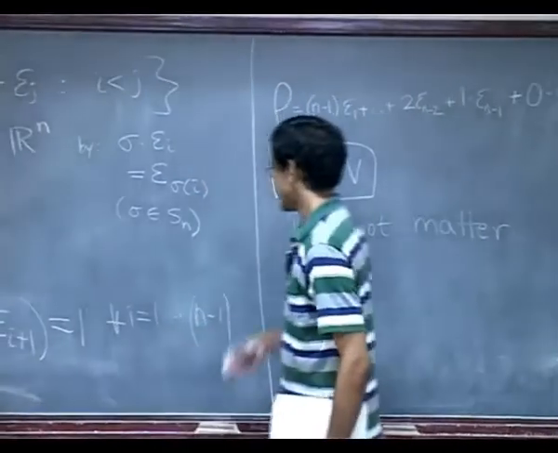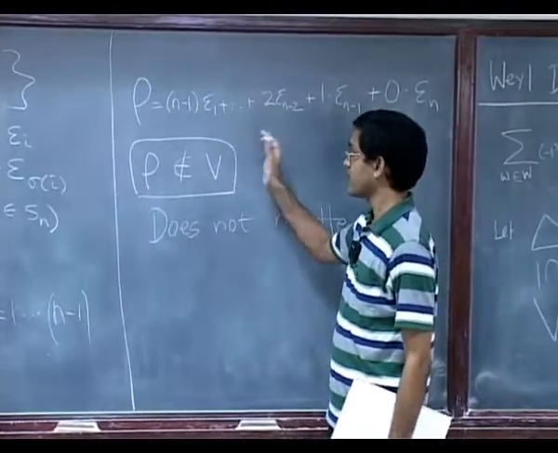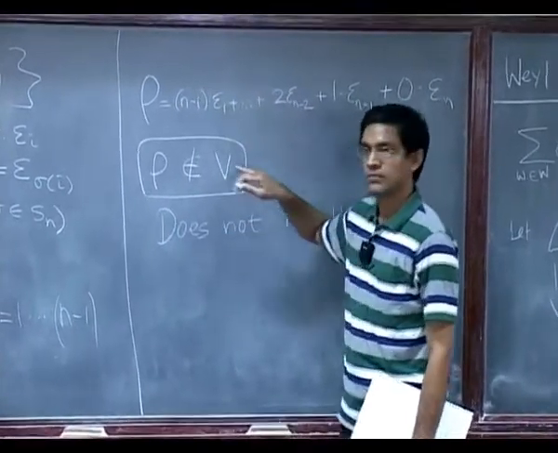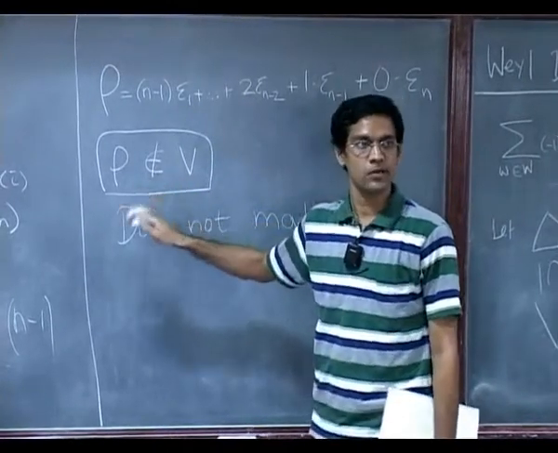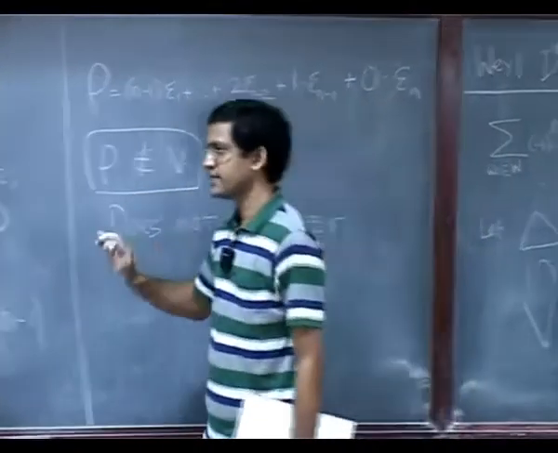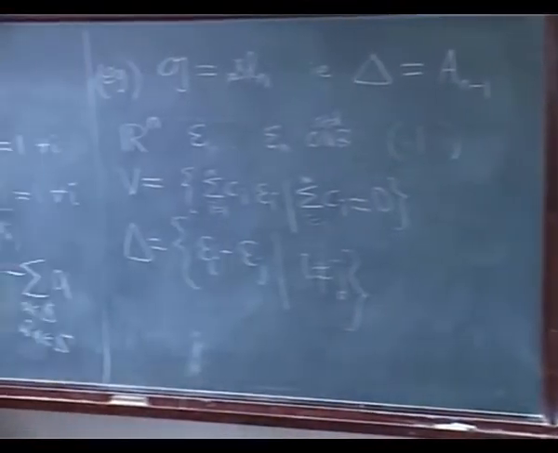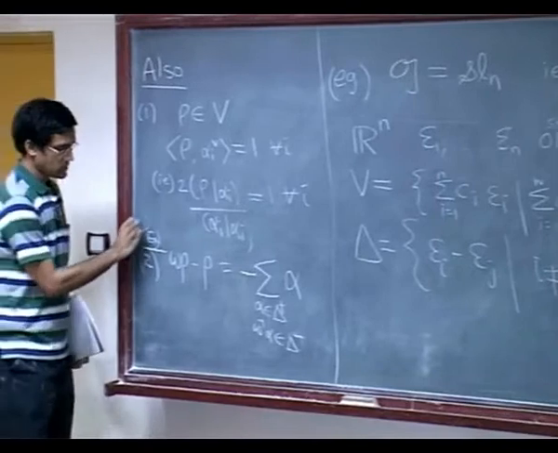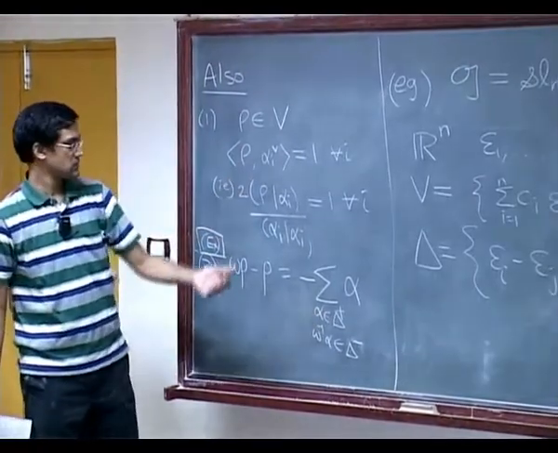So there are several choices of rho that I can make if I want to choose rho in R to the n rather than in V. And every one of those choices will give me the exact same answer here, because W rho minus rho will turn out to be the same. Okay. So again, exercise. So to reiterate what I just said, this is the key exercise you need to do to see why this is the case.